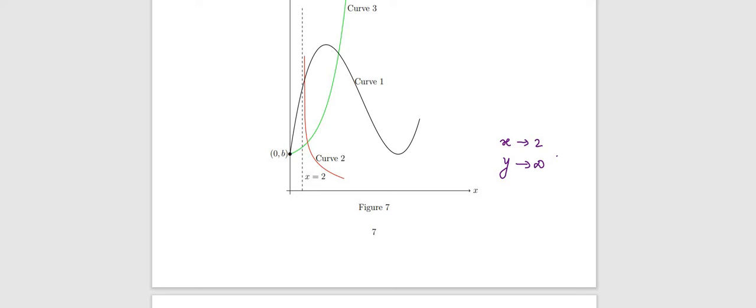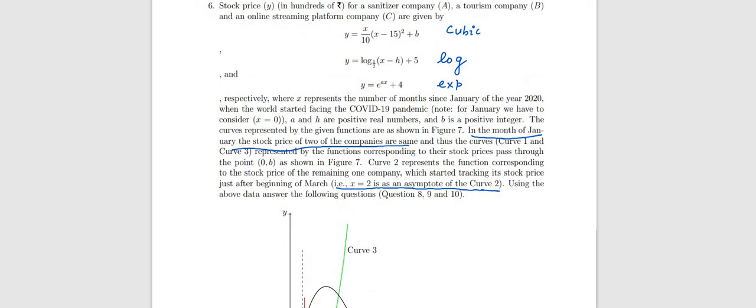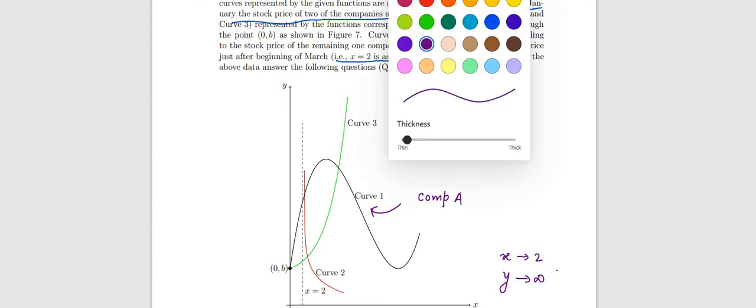Now, as I said, company A is a cubic one, company B is logarithm, and C is exponential. So identifying the graphs will not be so tough for us. As I have shown you previously, how the cubic polynomial graph looks, this is nothing but your cubic graph, which is company A. And this one that you see for B is nothing but your logarithm.